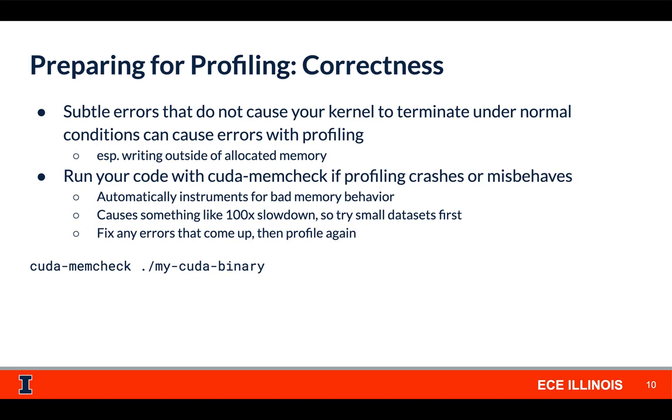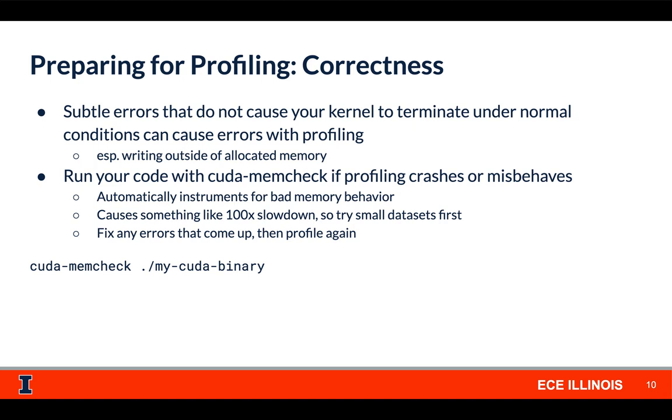I think this is because profiling often requires additional allocations outside the control of your program to store various parameters and things that are later returned to the CPU to be recorded. And if you write outside of memory that you've allocated, you can trample over some of those structures and cause the entire profiling process to get corrupted.